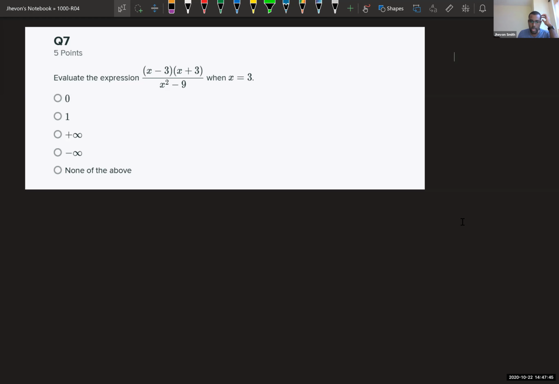Okay, here, evaluate the expression when x equals 3. Well, x equals 3 makes the denominator 0, which means the expression would be undefined.